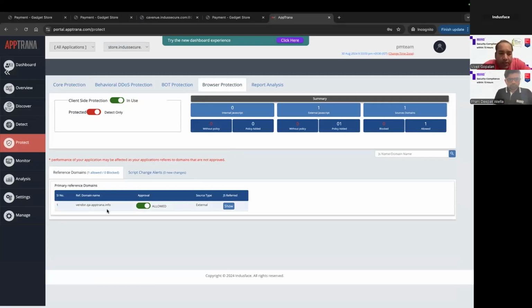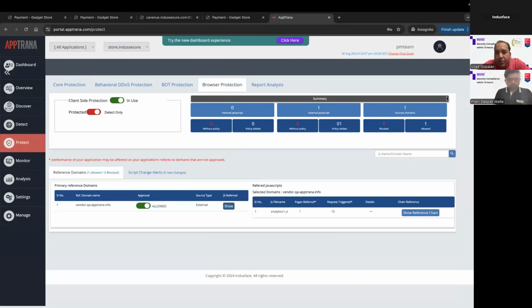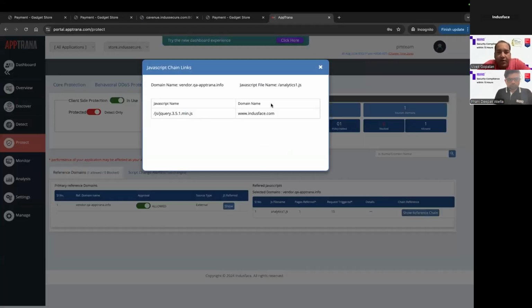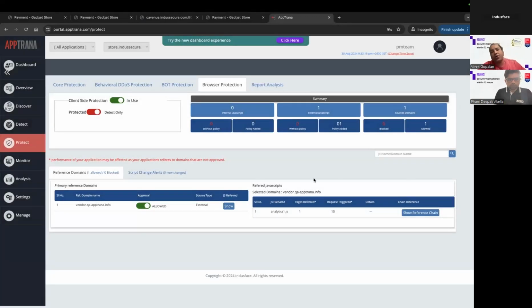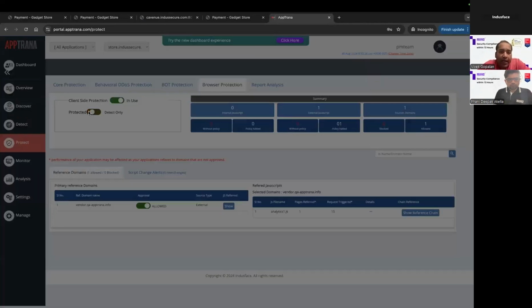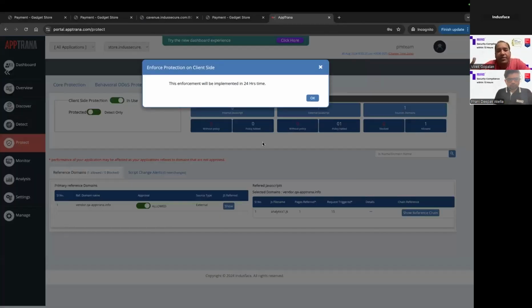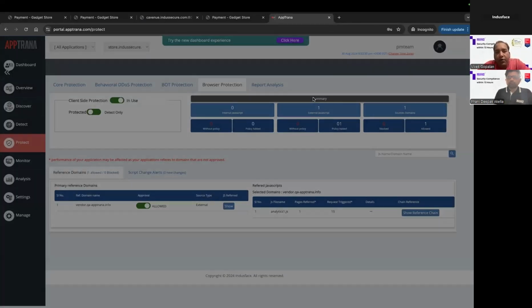The vendor.qa.infra is loading this analytics.js. And you can also go and look at the references here on where it is getting loaded. Once you have talked to your application team and everything, you can approve this JS and then move this protection to enable mode. So initially you are in the learning mode, and then you are enforcing.